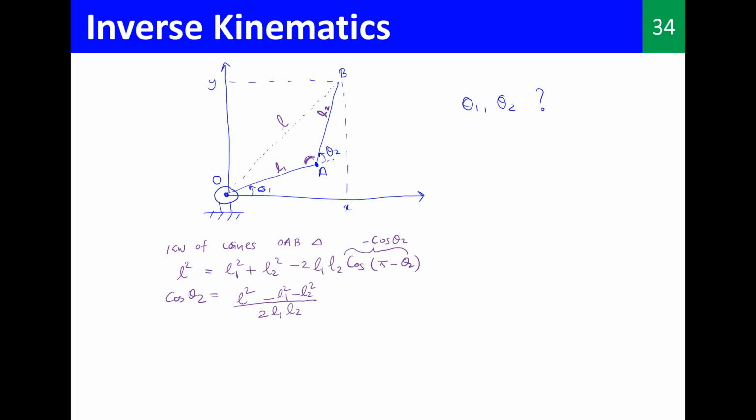Now we have an unknown called L. So what is L? L squared is equal to x squared plus y squared, from this big triangle. So we can put that here.